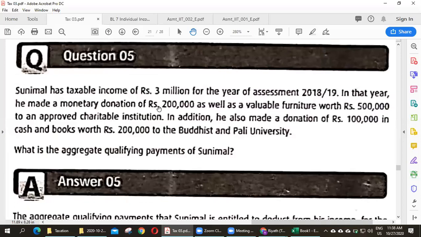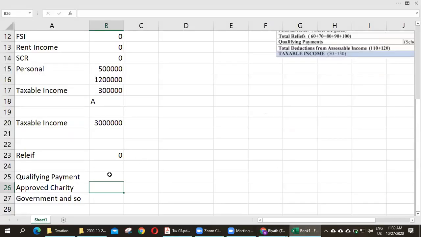From these two, all donations equal 700,000. But we can take only 200,000 because only this 200,000 donation was made in terms of money. We can't take this 500,000 because it is not in terms of money. So we can claim for this 200,000 only in cash. So for approved charity, we can deduct only 200,000, right?